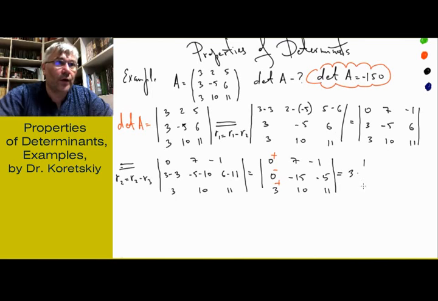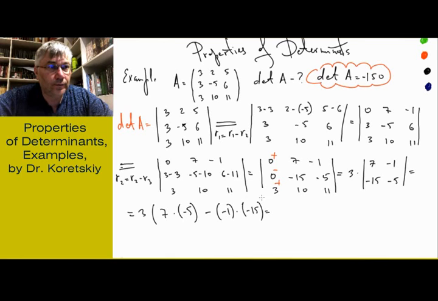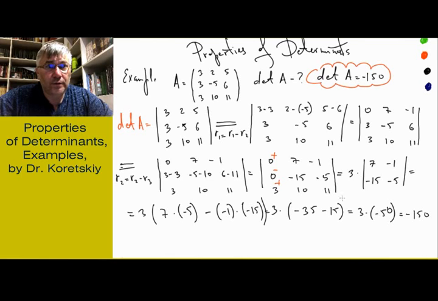I'm sorry, here we have the vertical part, 7, minus 1, minus 15, minus 5, and we have something like 3 times 7 times minus 5 minus minus 1 times minus 15. So we have 3 times minus 35 minus 15, and we have 3 times minus 50, and it gives minus 150.